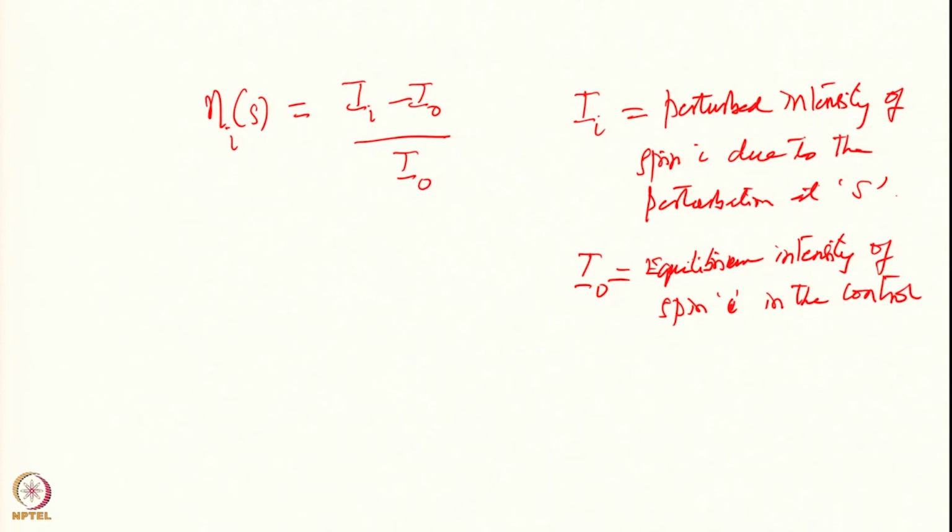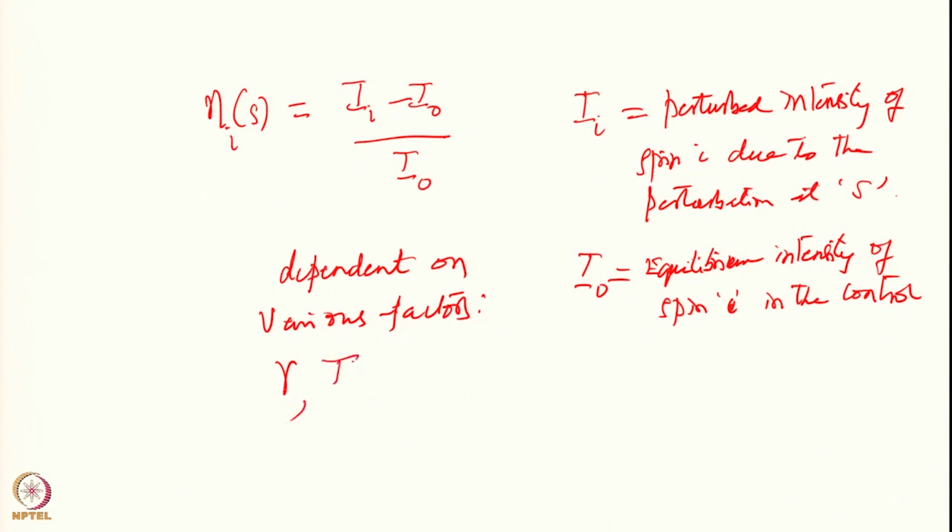So when you do this you will measure this η_IS, and you see this will be dependent on various factors. The important thing being the gammas of the individual residues, the relaxation times, the T1s, and the dipolar coupling.